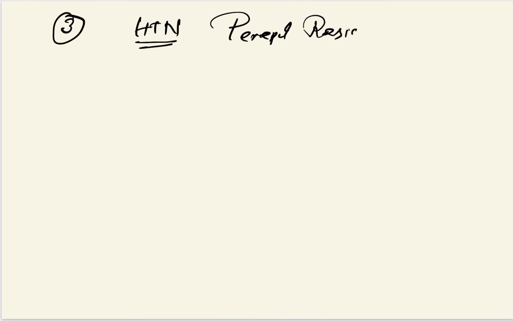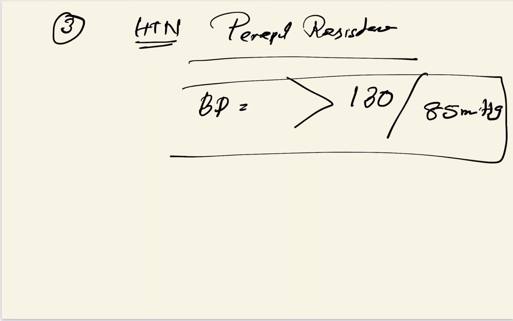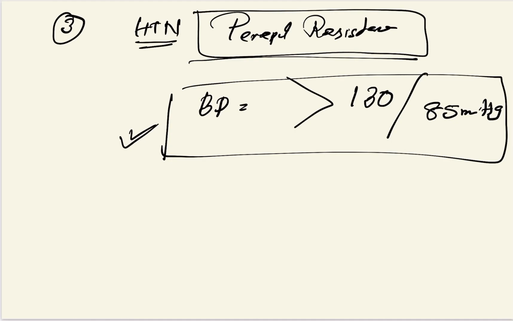The third criterion is regarding hypertension or peripheral resistance. If the person has a BP of more than 130/85 mmHg, then we consider the patient as having the criterion of hypertension to be included under X syndrome.